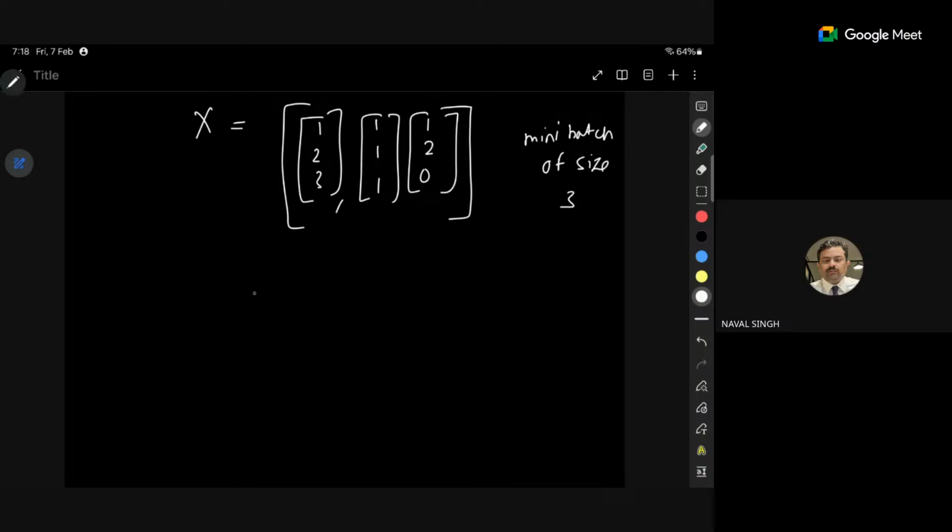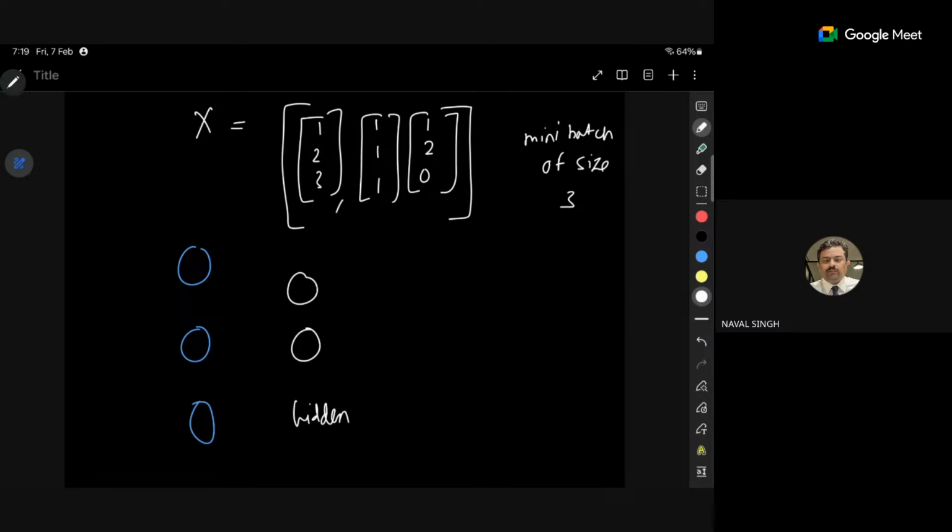Now this is my first network, and let's say two neurons are there. I'll draw the input in blue. This is my input layer, and this is my hidden layer, which has two neurons.